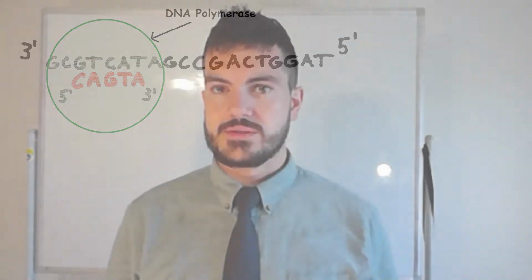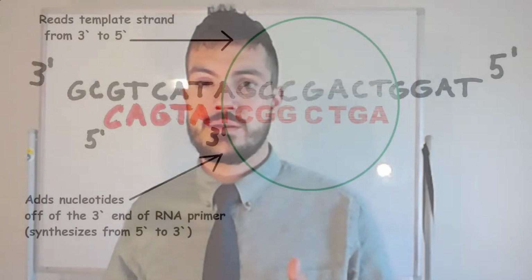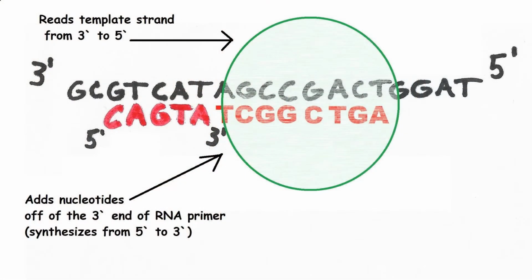So DNA polymerase 3 will start synthesizing the DNA, grabbing nucleotides and putting them right there in a 5' to 3' direction, starting off the 3' end of the primer. And if that makes sense, I hope it does.